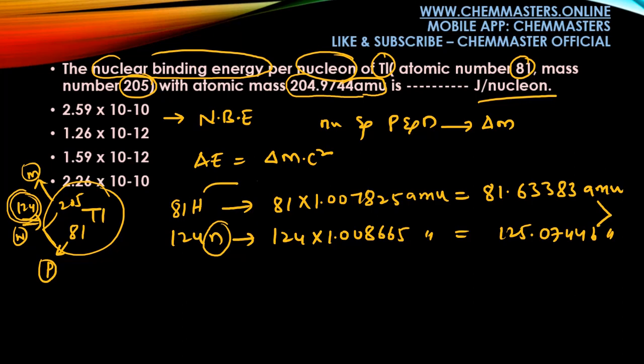that is the sum of all the protons and neutrons, which equals 206.70829 atomic mass units.